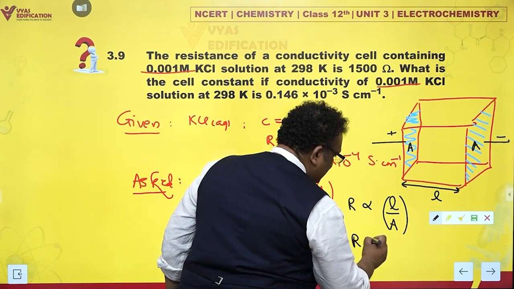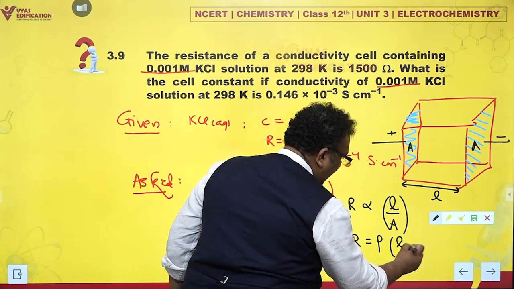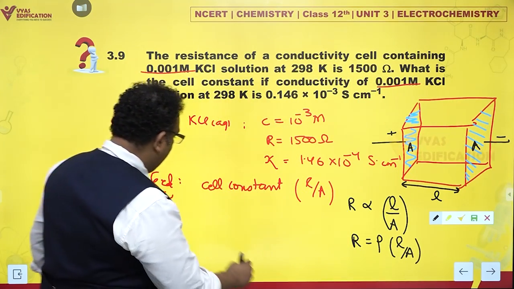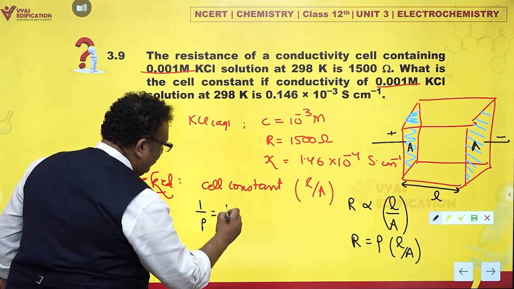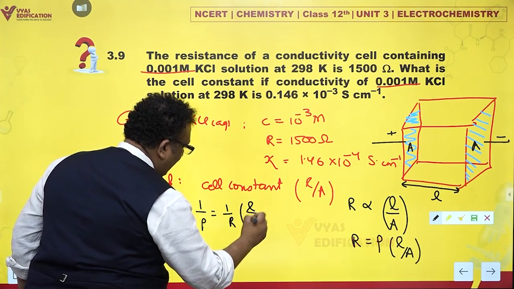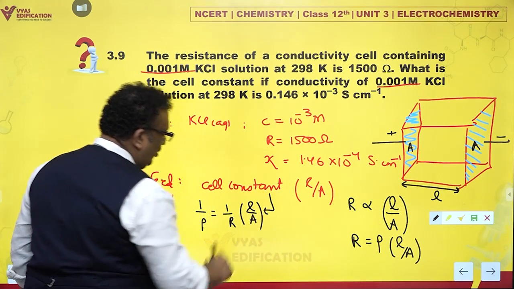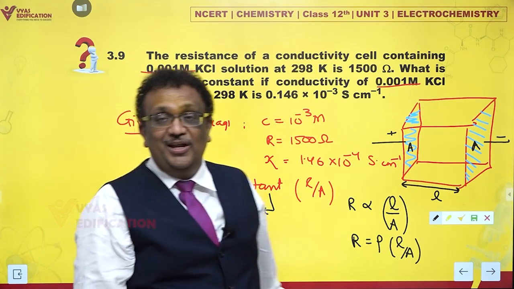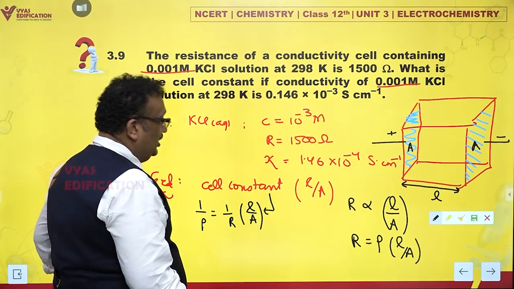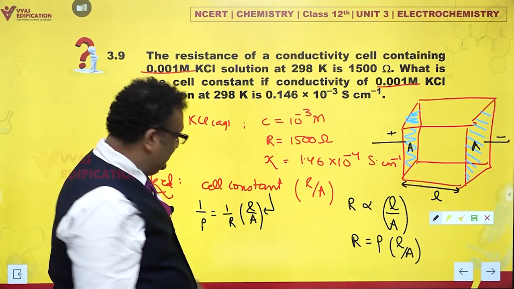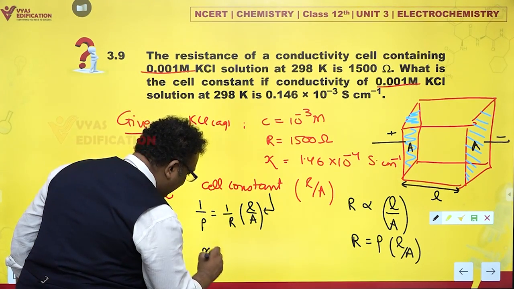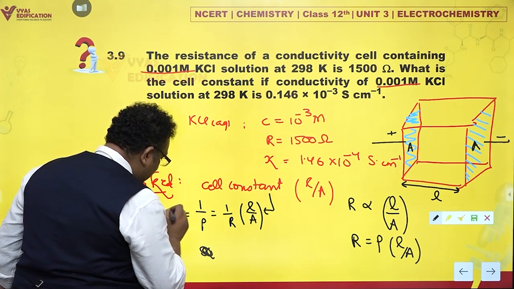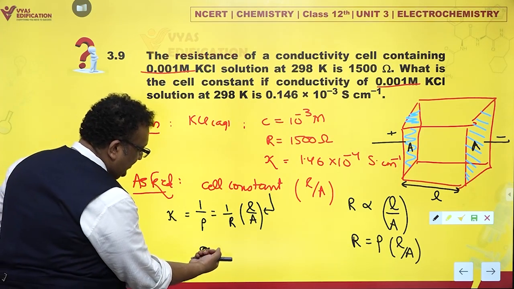So R is equal to rho L by A. This is what we say, right? And if we just invert it, 1 by rho is 1 by R, L by A.